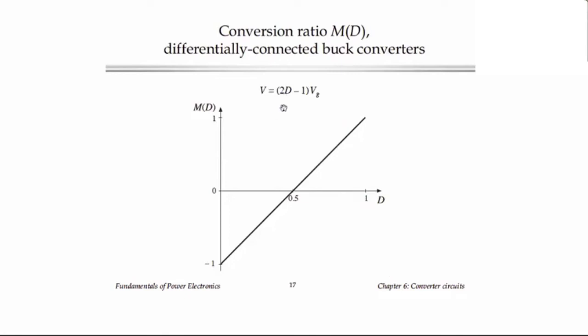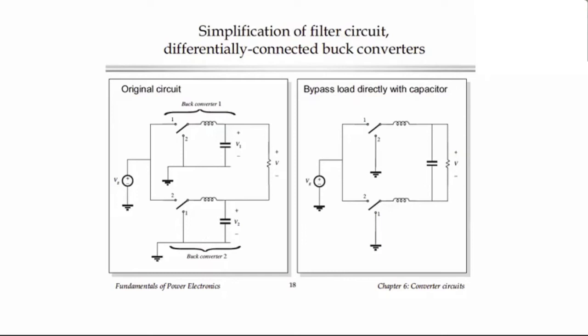Here's a plot of that conversion ratio, 2D minus 1 versus D. At D equal to one half, the conversion ratio is 0, and when D is greater than one half, we get a positive voltage, and when D is less than one half, we get a negative voltage.